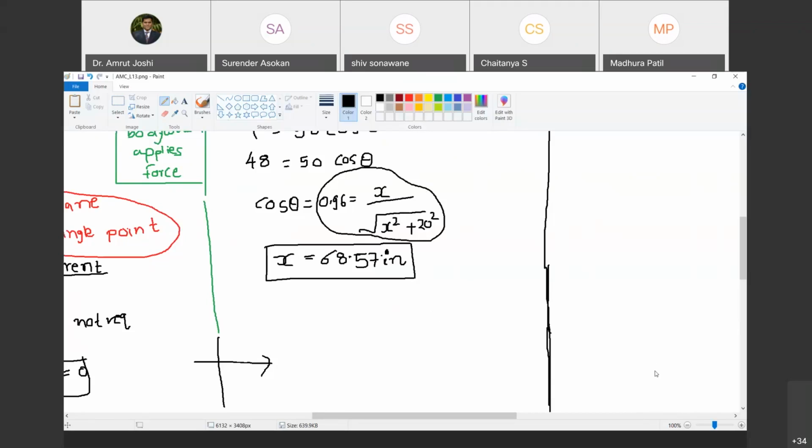Deep, have you solved? I'm trying, sir. Okay. So Madhura, do one thing. Substitute this 68.58 here and tell me whether you get 0.96 or not. If you get it, then we will go ahead. Madhura.